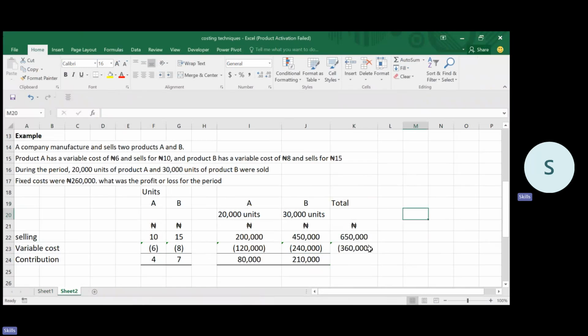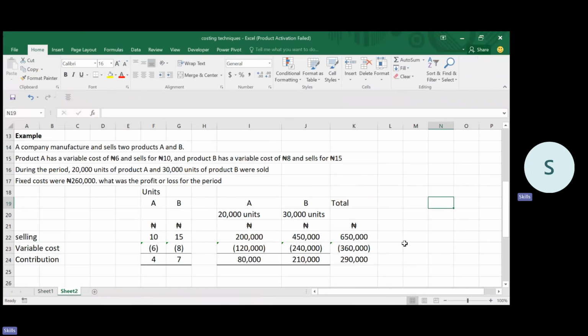So now let's subtract it and see. 650,000 minus 360,000 will give us 290,000. And remember, we are working with the total 290,000.